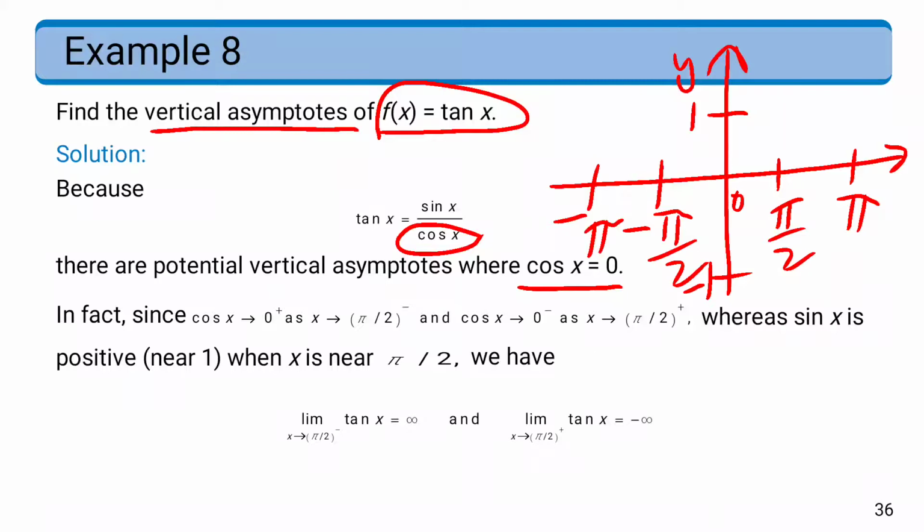So you know for cosine, it takes 0 at pi over 2, and at minus pi over 2 it will take 0, and then at 0 it takes the maximum, which is 1. And then it goes back, at pi over 2 it gets to 0, and then at pi it gets to the minimum, which is minus 1.